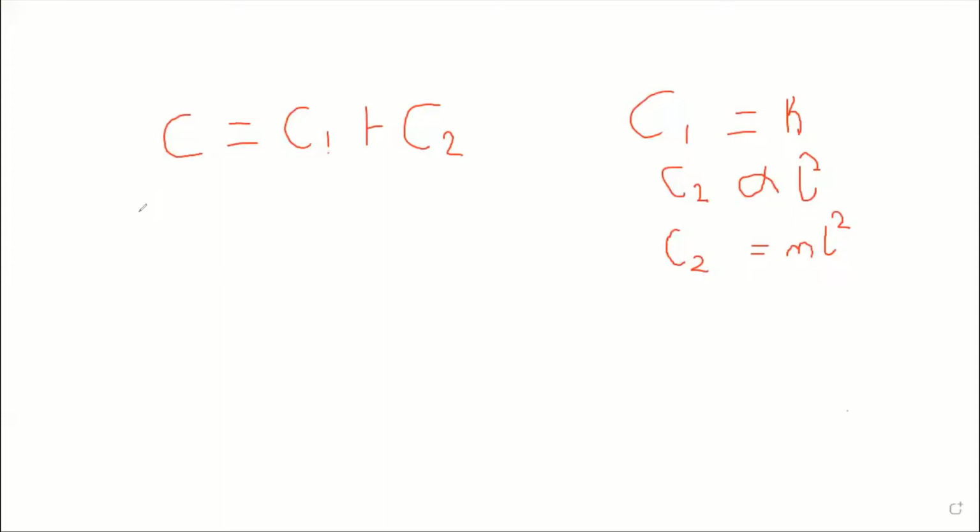So from that, we get that the cost of the cloth partly varies as a constant and as a square of the length.